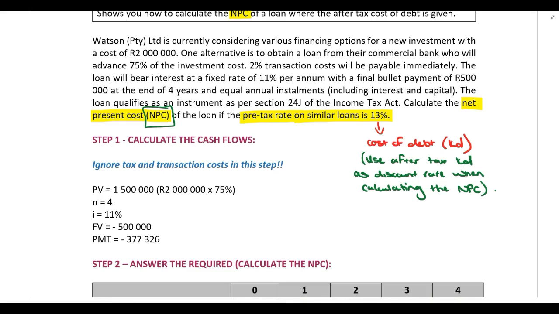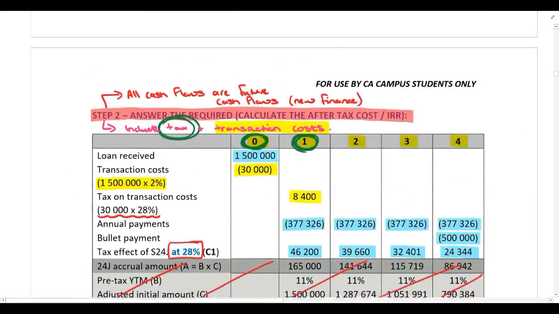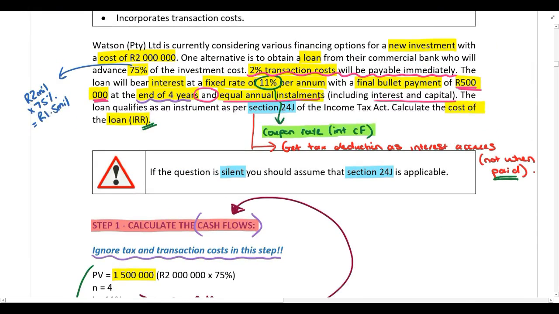In the first example, you had to calculate the internal rate of return. Please note, when calculating the internal rate of return, you are calculating the after-tax cost of debt. So because you are calculating the after-tax cost of debt, they don't give you the cost of debt in the scenario. So in the scenario, you are not given the cost of debt, you are required to calculate the cost of debt, or the internal rate of return.